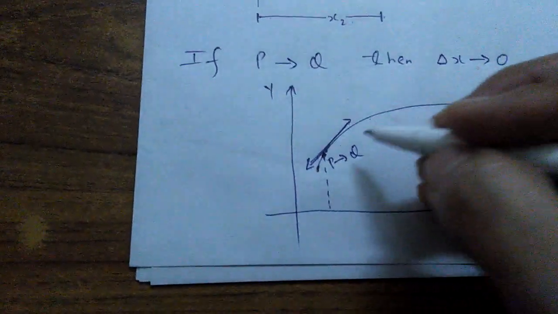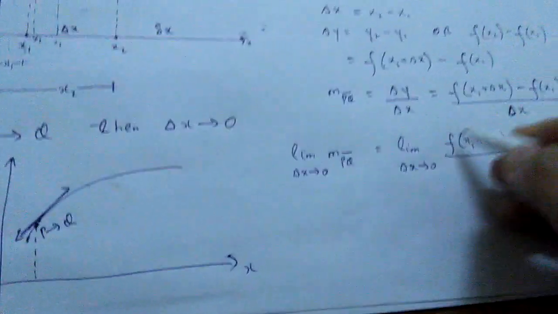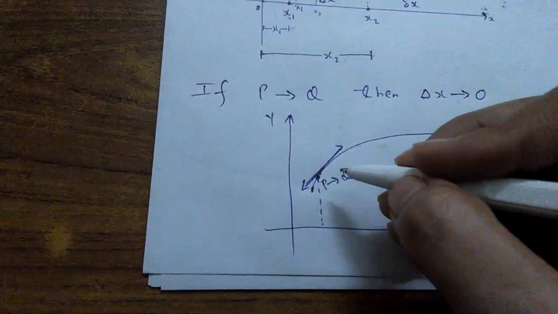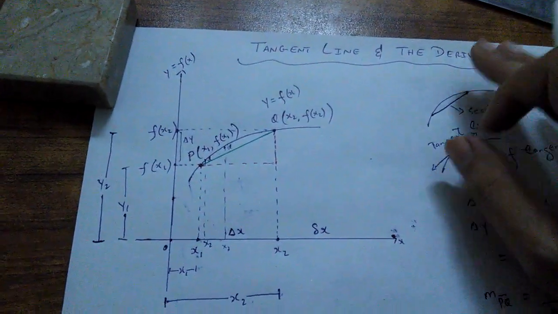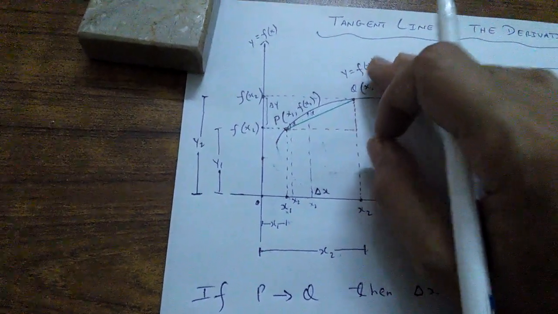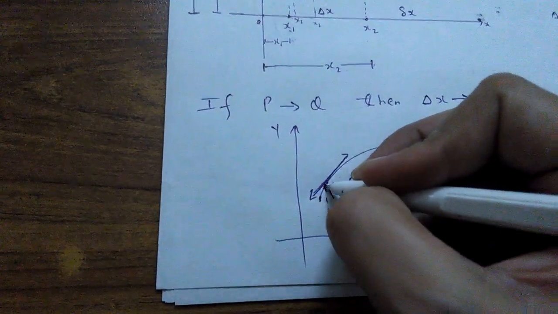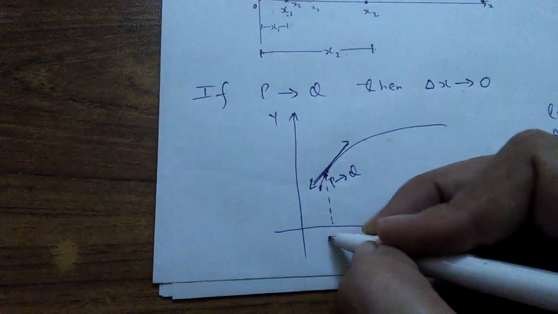the limit of this secant line, which is actually the slope value of the tangent line, is expressing the derivative of this function f of x at a particular point P, representing the abscissa x1.